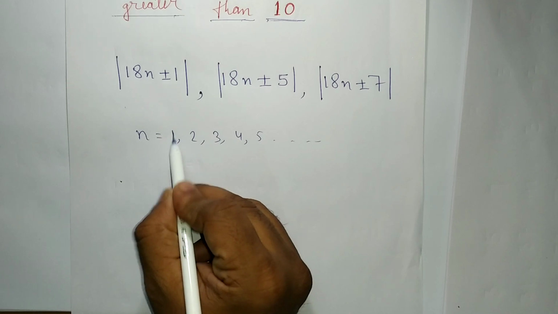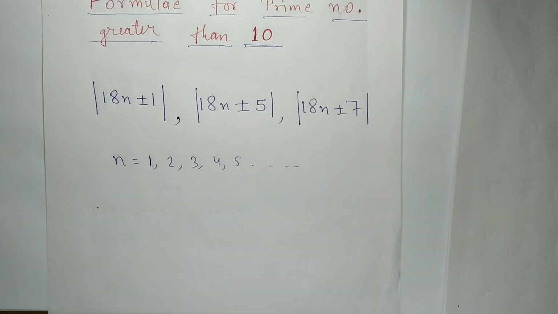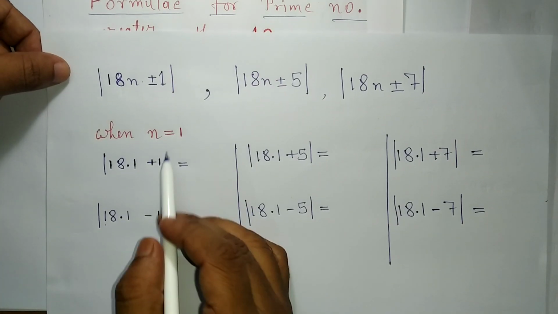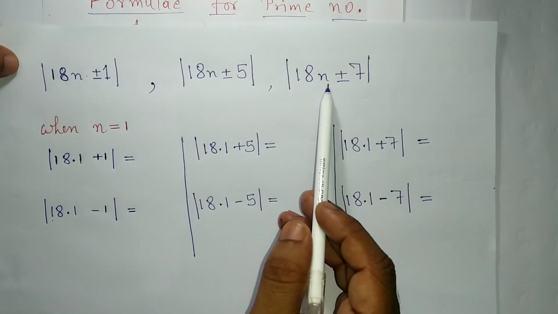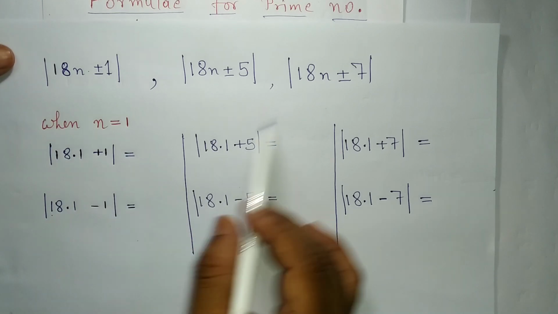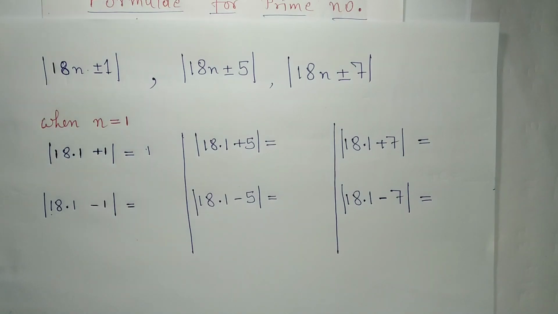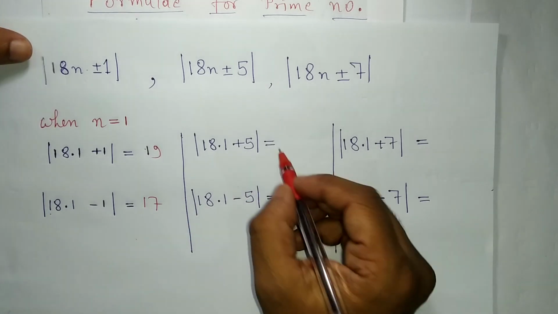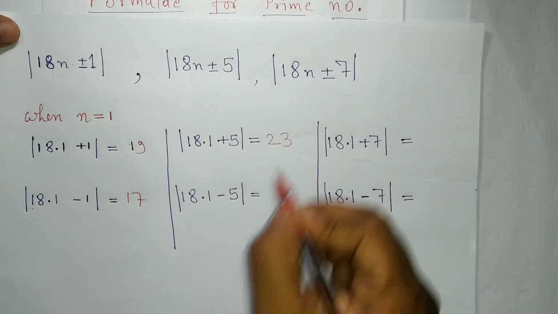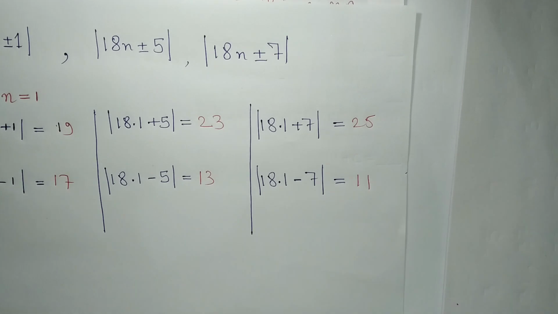Let's start when n equals 1. If we put n equal to 1, then 18 into n plus minus 1, 18 into n plus minus 5, and 18 into n plus minus 7, we get 19, 17, 23, 13, 25 and 11.